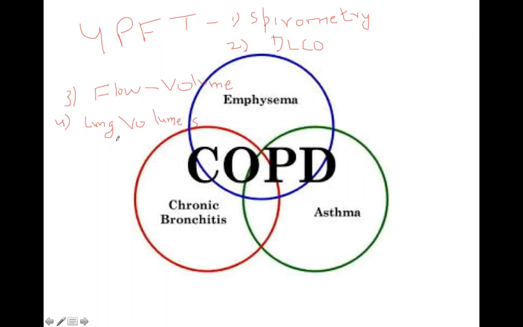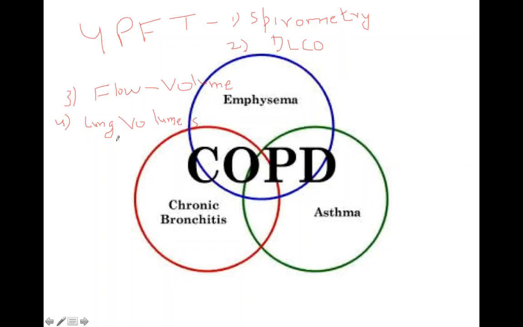Lung volumes help in confirming the findings on spirometry. Like if the patient has a total lung capacity of less than 80%, that indicates restrictive lung disease. And a patient with decreased vital capacity and increased residual volume has obstruction.